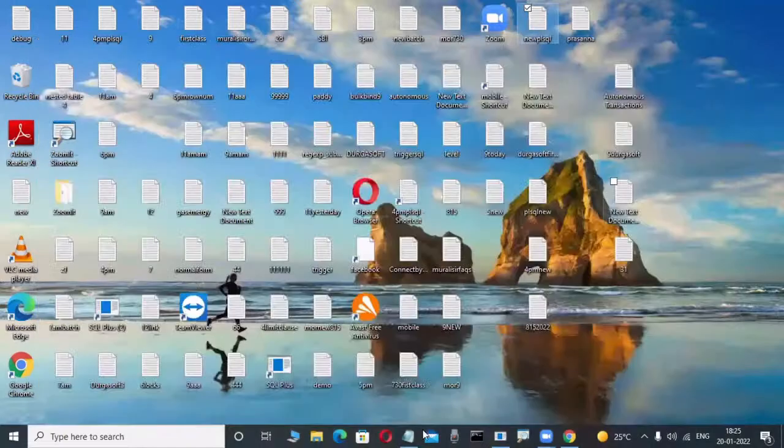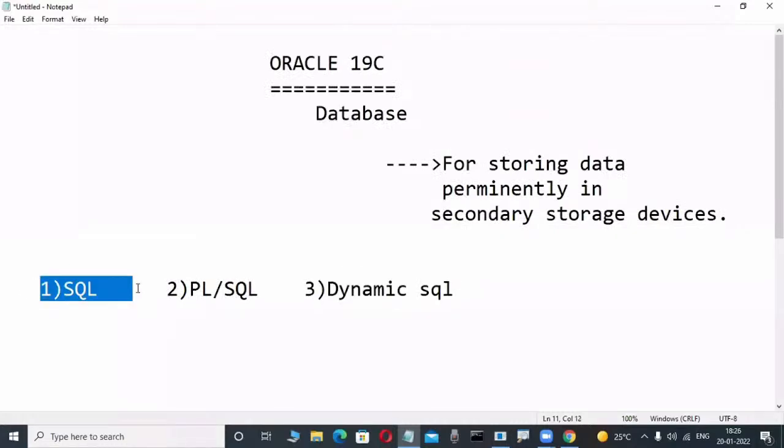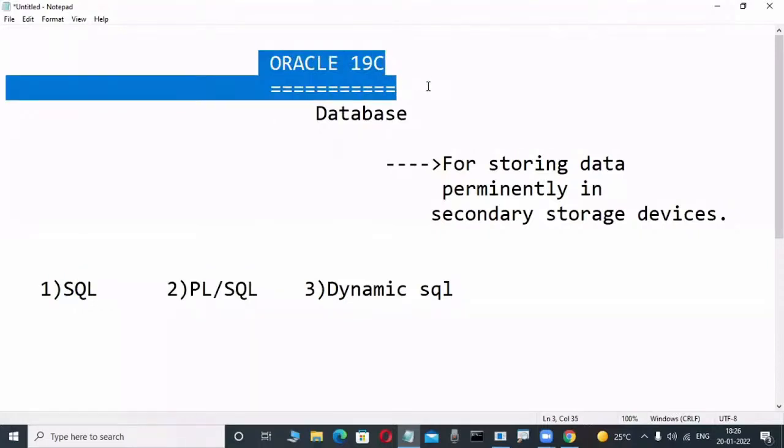So much syllabus is there. Don't worry. That's why we learn SQL language first. After that, once you have some knowledge, then you learn about PLSQL. Through these two languages, we are operating this Oracle software.